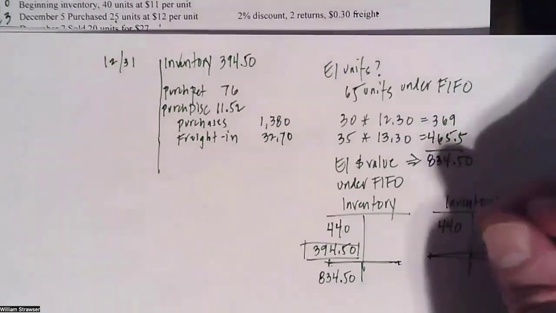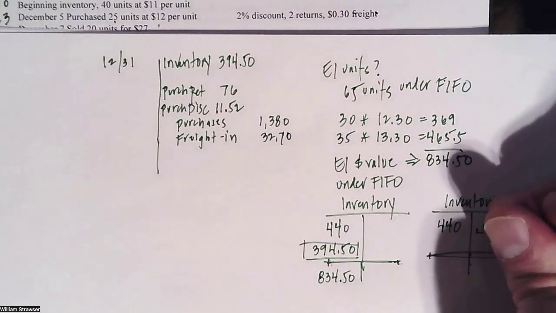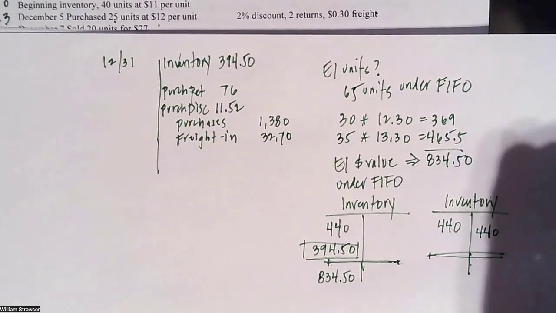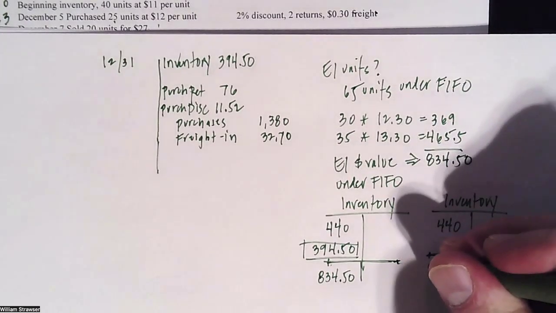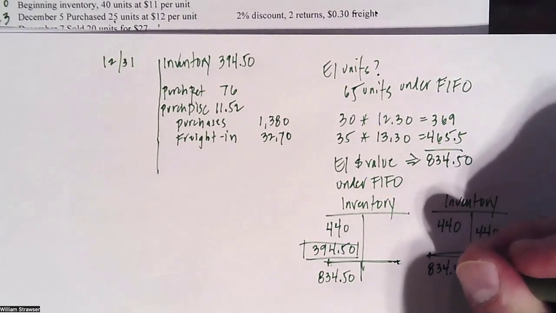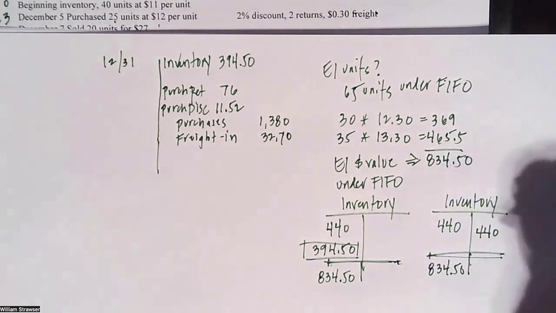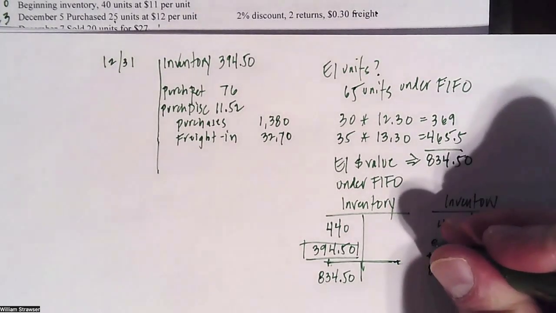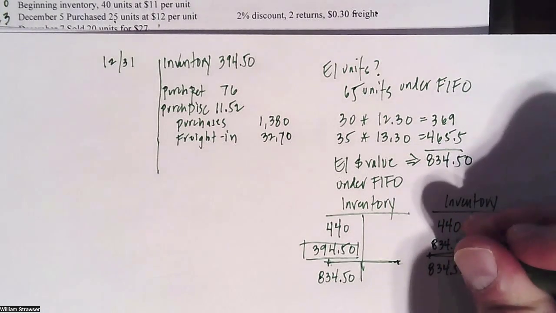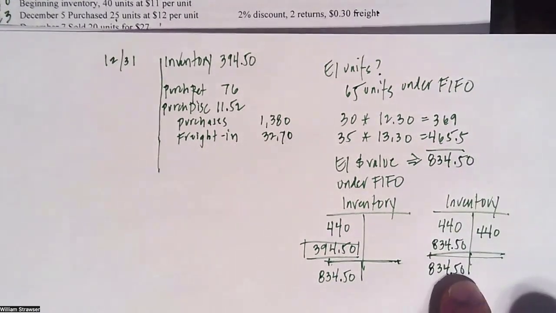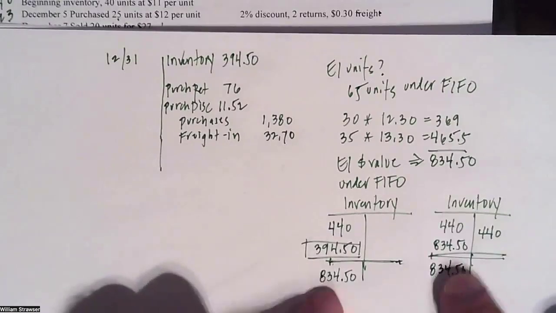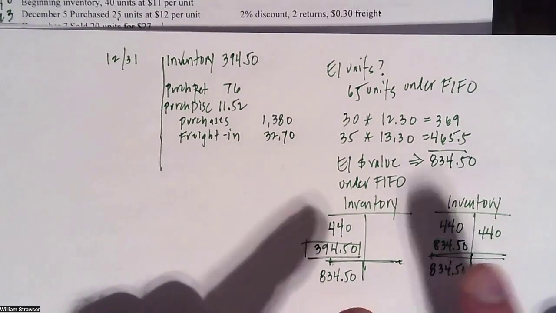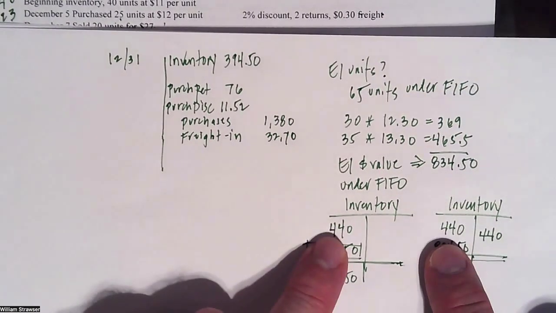The alternate way, the foolproof way, is to credit everything I had as beginning inventory because I'm really just going for 834.50. And if I credit that, my account's zero, and I have to reestablish a balance of 834.50. So these are not real transactions, obviously, right? This is just making our ending inventory value happen with what we started with.